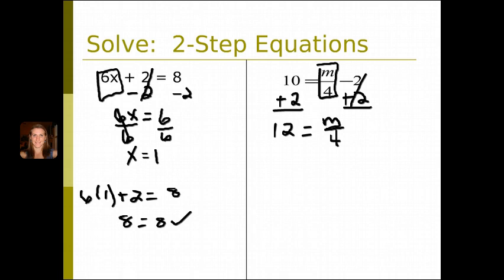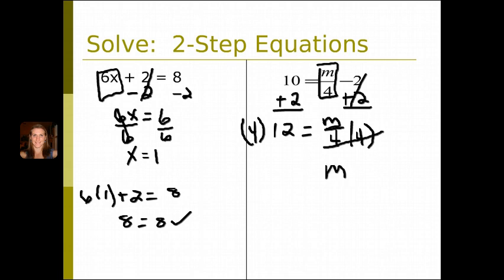Currently, m is being divided by 4. The opposite of dividing by 4 would be to multiply by 4. So we need to do that to both sides. Our multiply and divide by 4 cancel, leaving us with simply m.